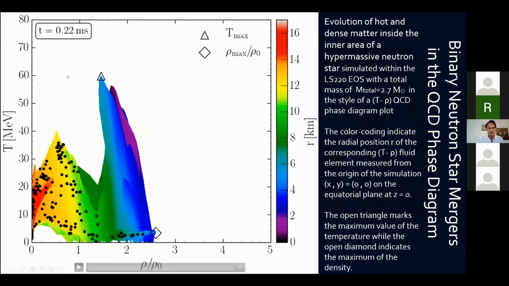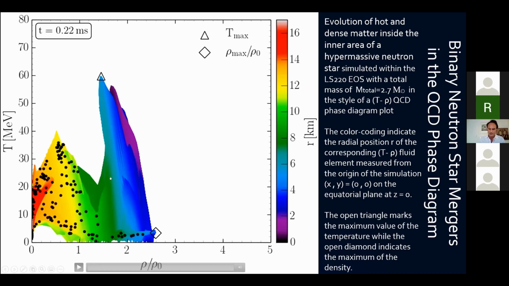The colors here represent the fluid cells of the hypermassive neutron star, and the color indicates where inside this is. So this dark color means that it's in the interior, so at a radius about 0, 1, 2, and this is more outward here.